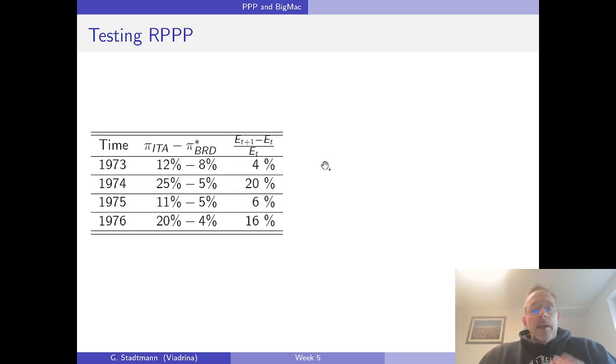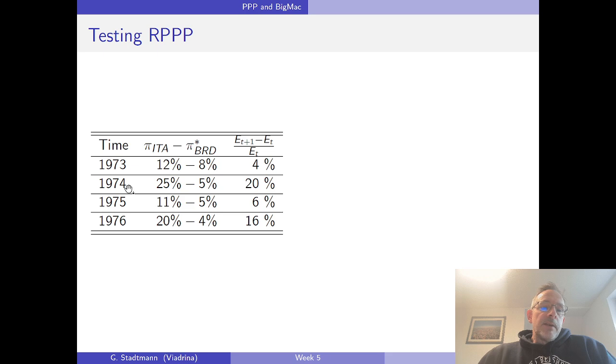Let's assume that relative purchasing power parity perfectly holds and create one stylized example. Let's assume that in 1973 the inflation rate in Italy was 12%, while in Germany it was equal to 8%. So the inflation differential is equal to 4%. In case that relative purchasing power parity holds perfectly, the exchange rate should also increase by 4%.